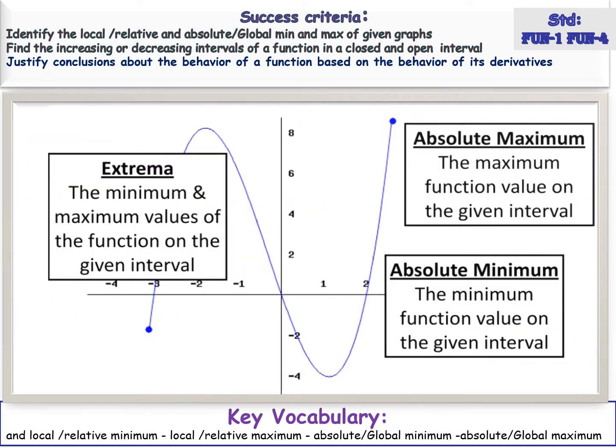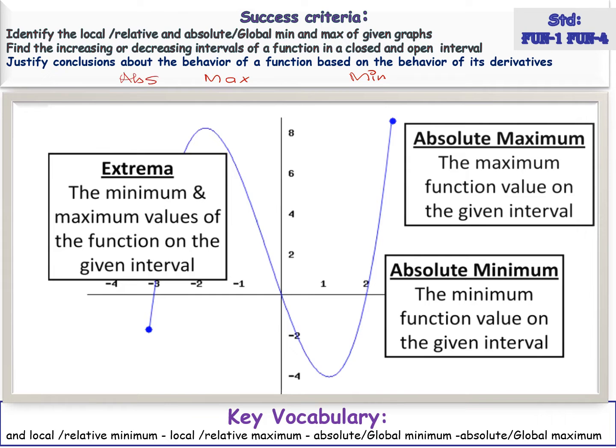There are two kinds of extrema. Number one is absolute extrema and number two is relative extrema. Now when we talk about extrema, of course two things come to our mind. One is the maximum and one is the minimum. Right now, let's talk about the absolute maximum and absolute minimum.